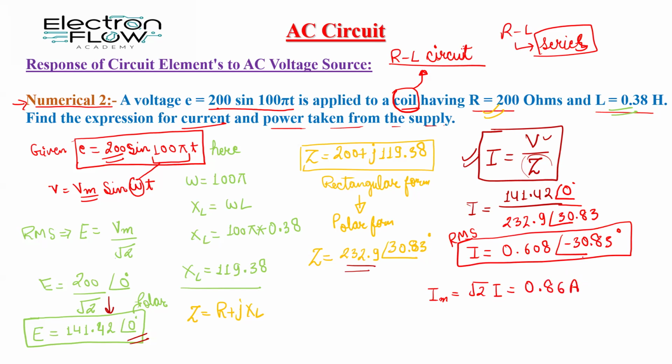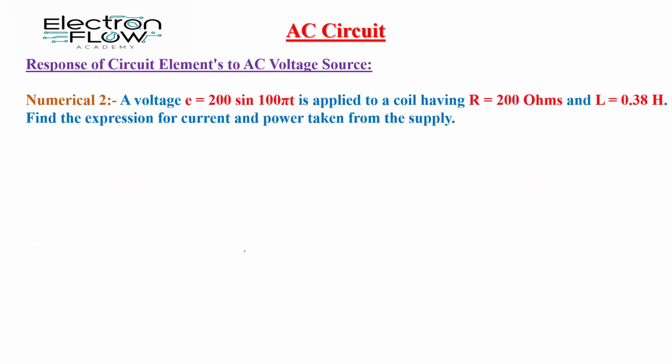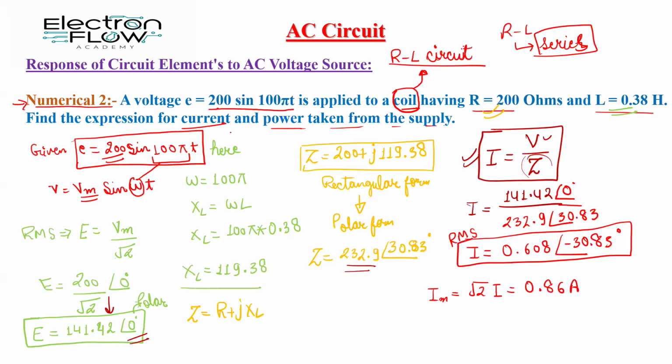Next, the expression for the current is Im sine (100 pi t minus 30.83 degree). This is what we have calculated. The angle of the current is minus 30.83 and the angle of voltage is 0 degree.